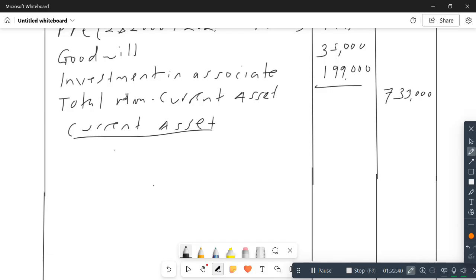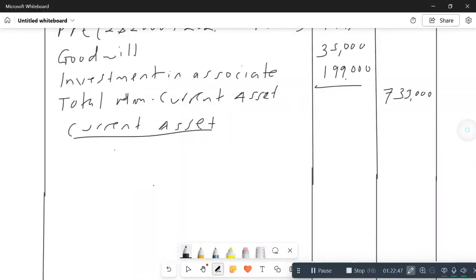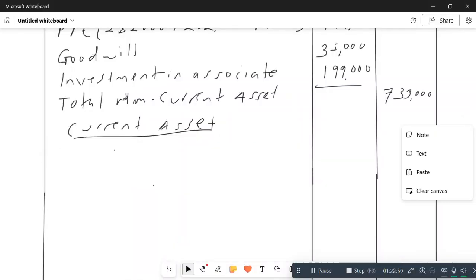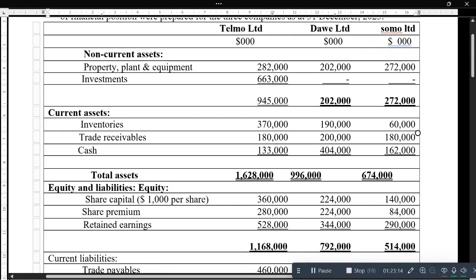All right, let's start. Number 1 is inventory. It was 370 plus 190. Inventory is 370 plus 190.